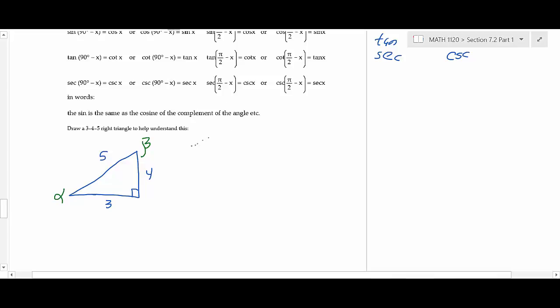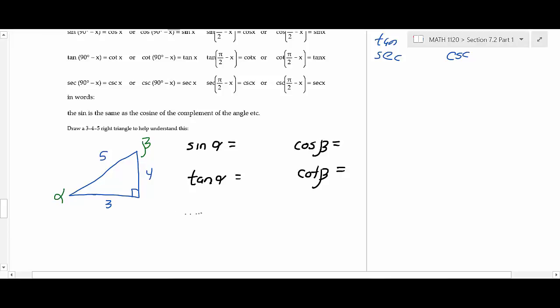Now, what I want to do is the sine of alpha, and then the cosine of beta. You want to write this down, and this will help you get an idea of what cofunctions are, because sine and cosine are cofunctions, and the angles are going to be different. Next, let's do the tangent of alpha and compare that to the cotangent of beta.